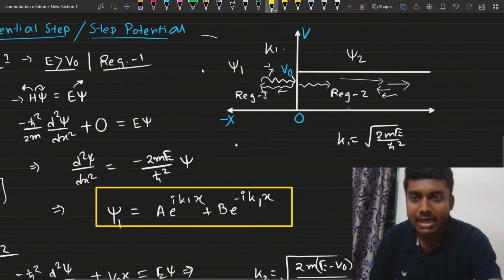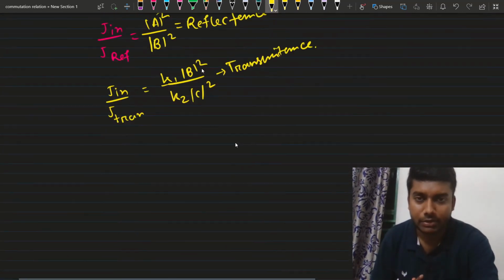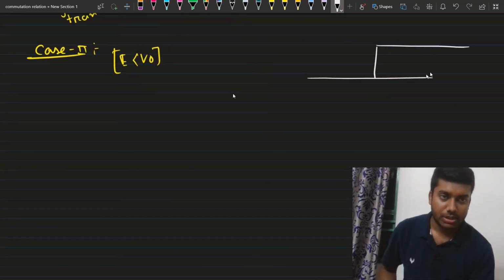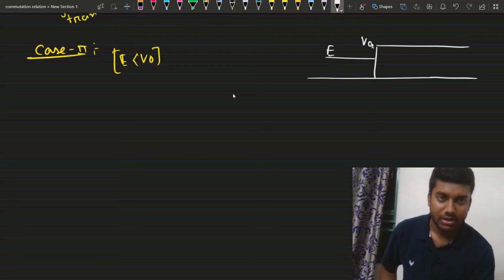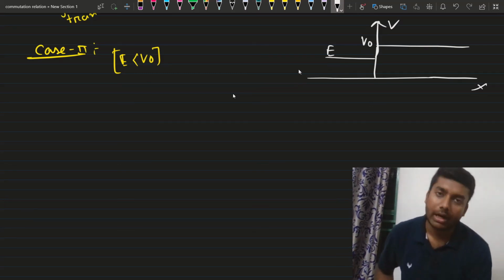For the case E less than V naught, what will happen? This was a potential step, and now E is less than V naught. This is V naught, this is V, this is x. So E is less than V naught, then what happens?